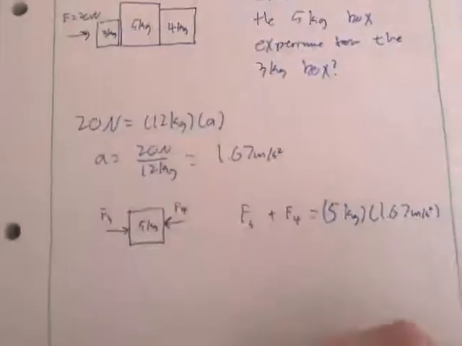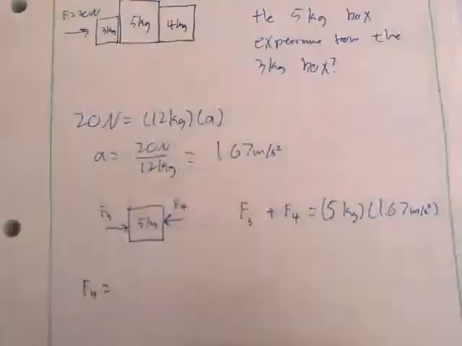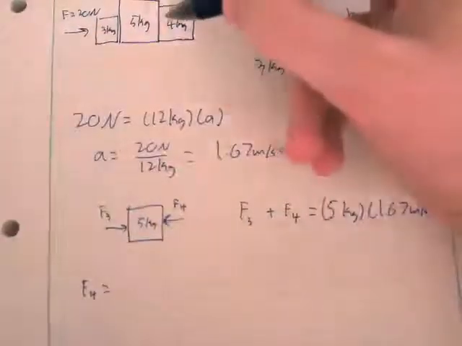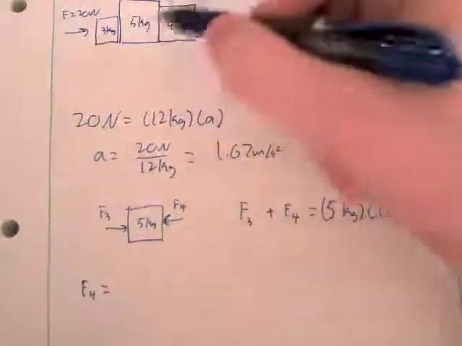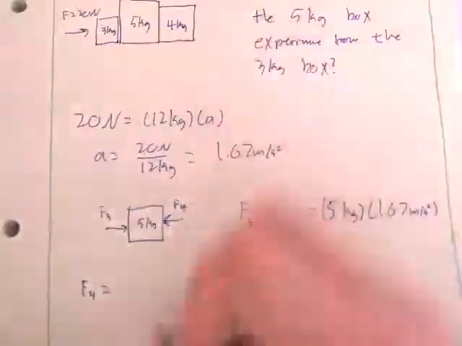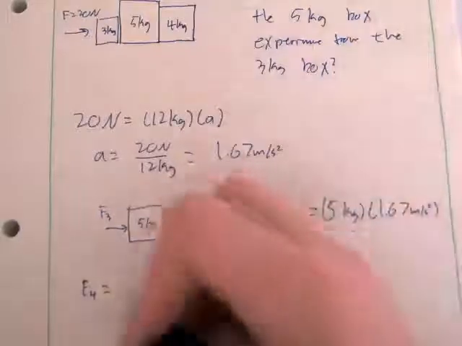So the force from the 4 kilogram box is then going to be this. If we look at just the 4 kilogram box, I can actually do the same picture, right? Just the 4 kilogram box, it only has the one force. It's just being pushed to the right by the 5 kilogram box. So the force from the 4 kilogram box is also just the net force acting on that box.